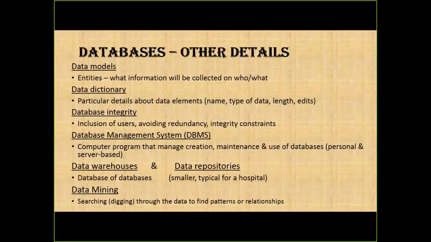Database integrity has to do with making sure that we're not repeating information, thus increasing the chance of error, and then putting certain constraints in place and making sure that the information is accurate. So, another example of a constraint, we obviously talked about the M, F, or U for male, female, or undetermined, but think about temperature, recording the temperature for the patient. And let's say that the temperature max in degrees Celsius can't go higher than 45 degrees.